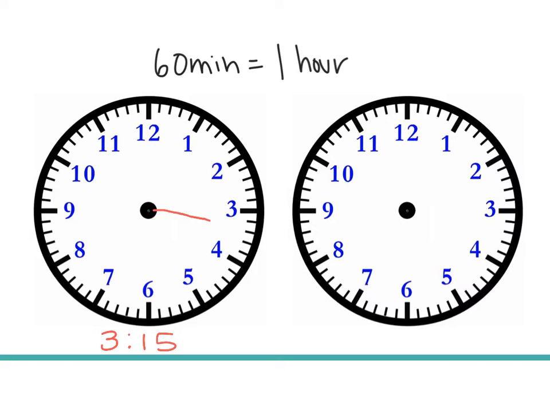So we would make a shorthand look like this, because then we know that it is past the 3, but it's not to the 4 yet. So that means it's going to be 3 something. And then there's the long hand in 3:15. So it is right at the 15 mark. So 15 is going to look like that.